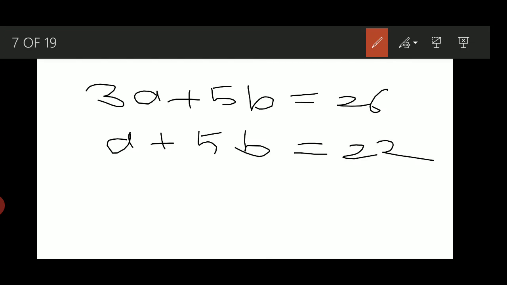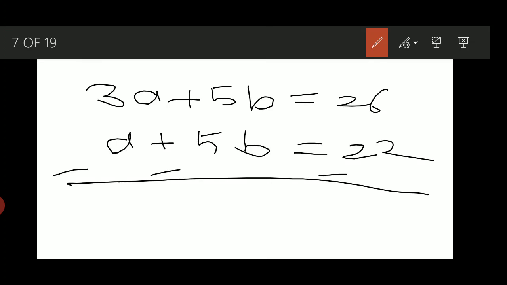Now subtracting. When we subtract, the sign of a is positive, we take negative. Sign of 5b is positive, we take negative. Here also negative. Now 3a minus a is 2a. Now 5b minus 5b is equal to 0. The 5b cancels, is equal to 26 minus 22, that is equal to 4.